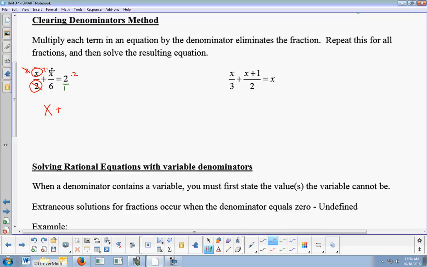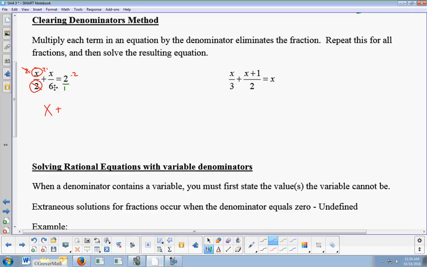Now for the second fraction, I have a choice. I can just multiply the top as 2 times x and make it 2x over 6, or I could reduce along the way. Again, that's really kind of your option. I like to reduce along the way. What I mean is I can't cross out the 2 and the 6 like I did the 2 and the 2, but I can simplify them. Times 2 and divide by 6, it's kind of like what can I divide them both by?